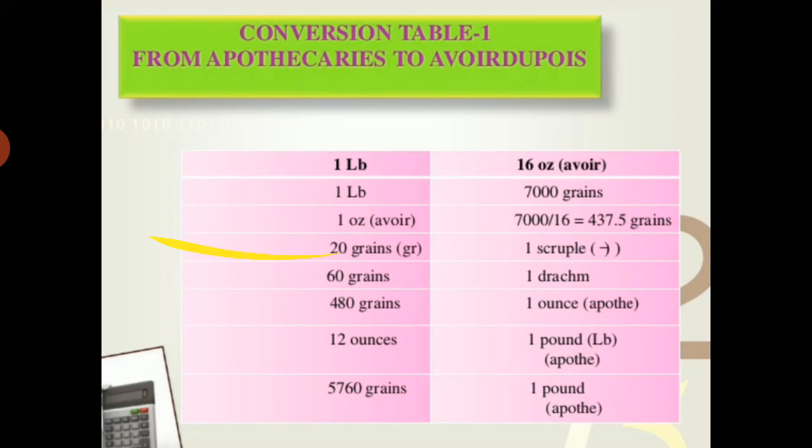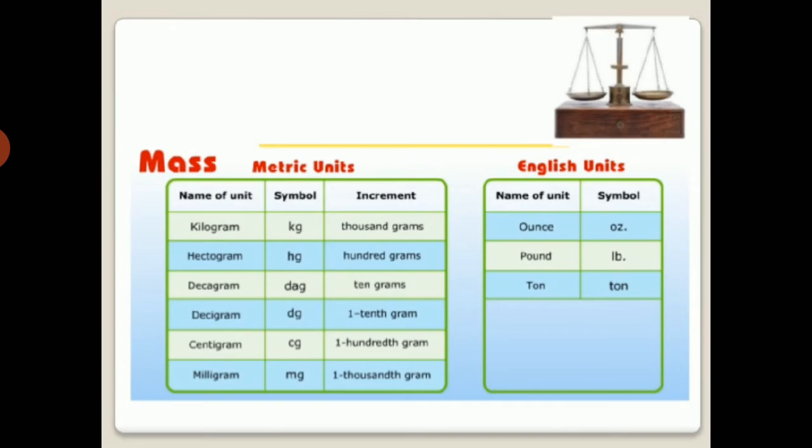If we compare the metric system and the imperial system, the domestic measures are like this: 1 drop is equal to 0.06 ml, and 1 minim. 1 teaspoonful is 4 ml or 1 fluid drachm, 1 dessert spoonful is 8 ml or 2 fluid drachm, 1 tablespoonful is 15 ml or 4 fluid drachm, 2 tablespoonful is 30 ml or 1 fluid ounce, 1 wine glassful is 60 ml or 2 fluid ounce, and 1 tumbler full is 240 ml or 8 fluid ounce.